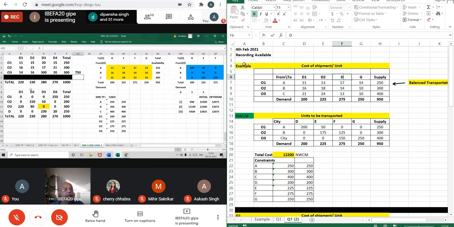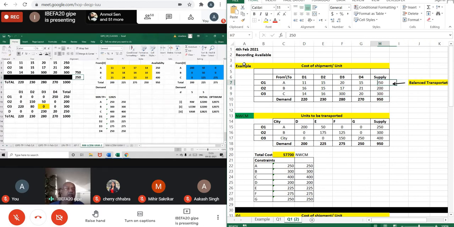Now, 220, 230, 280, 270, 1000 units is the demand. So the demand is more than 750. Which means additional 250 units are required.